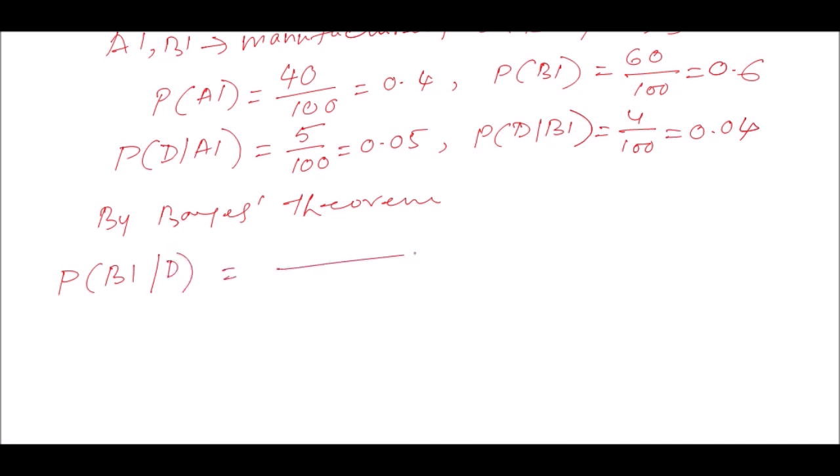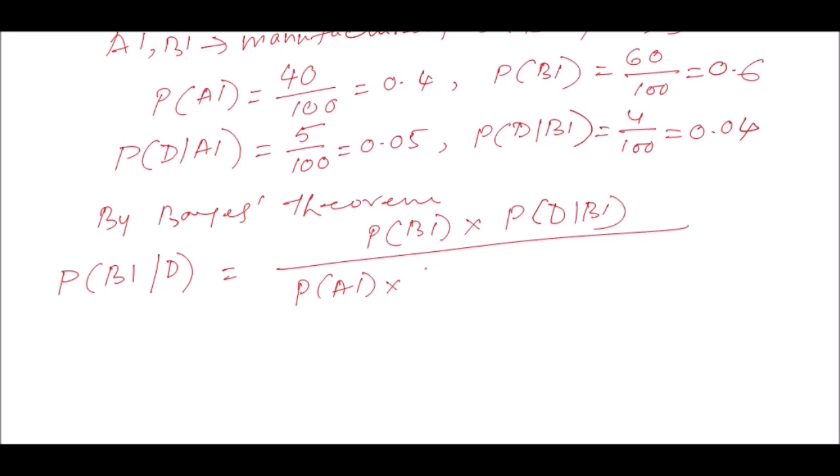Therefore, according to the Bayes theorem, it is equal to P of B1 multiplied by, then, now we substitute the corresponding values. P of B1 is how much?